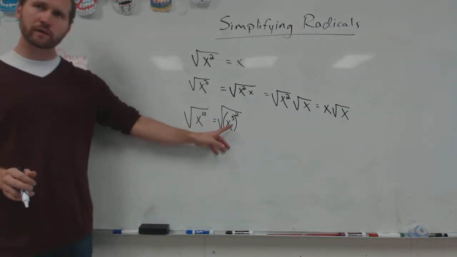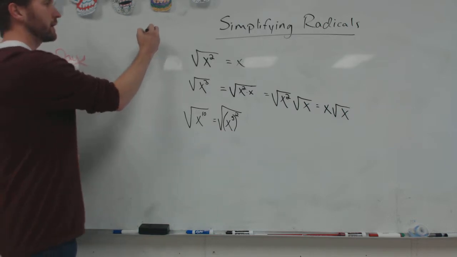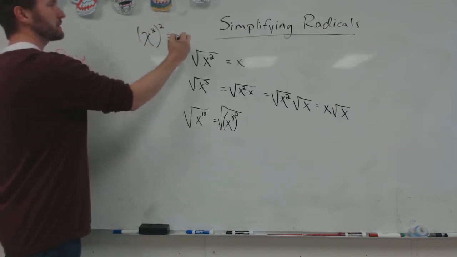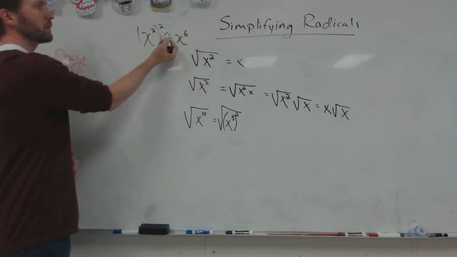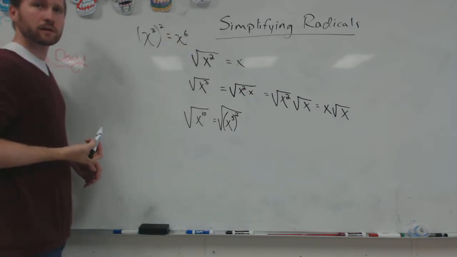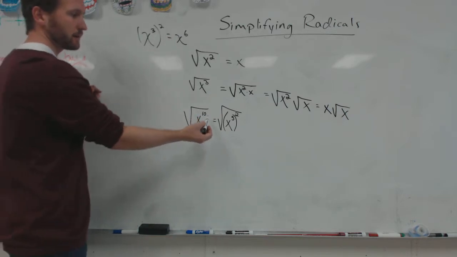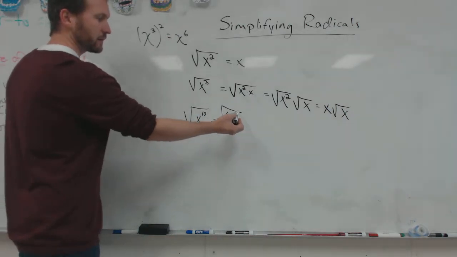So you remember this rule with exponents? If you have a power to another power, you multiply those two exponents. You get it? So I'm just reversing this rule that we've practiced. 10 is 5 times 2.